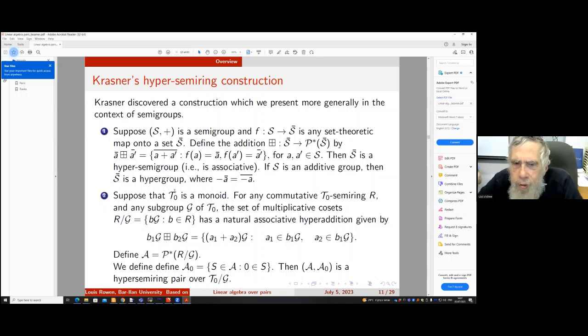And if you start with a monoid, then you can get a hyperaddition in this way.